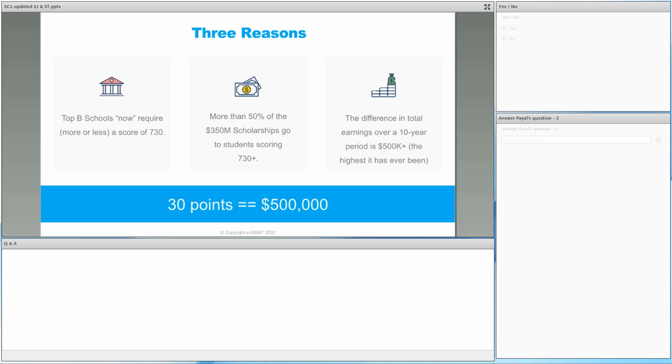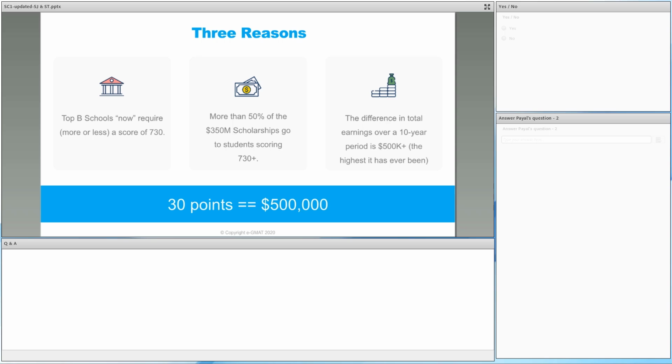One of the major things, and you are aware of it, is that if you're aiming for top B schools, the top B schools require a very high GMAT score nowadays, at least in this time period where admissions have been as competitive as they ever have been.